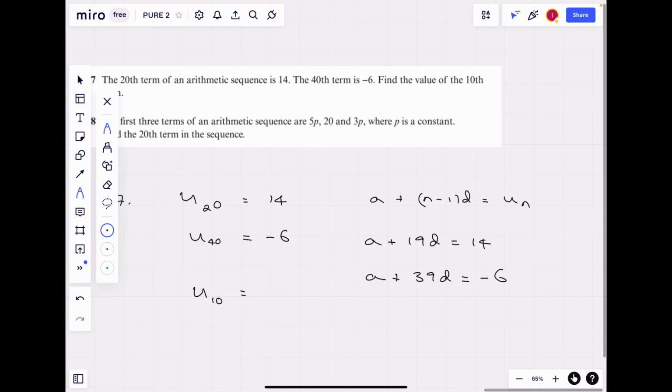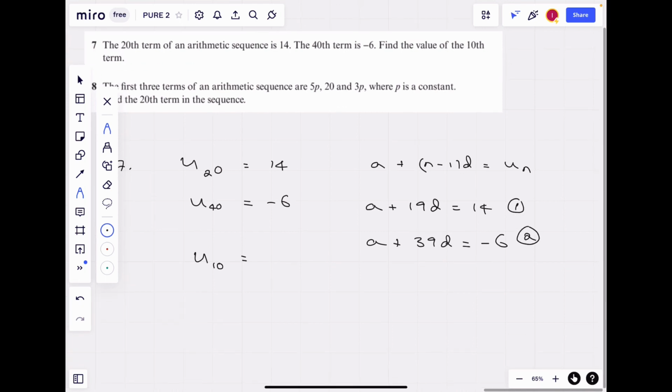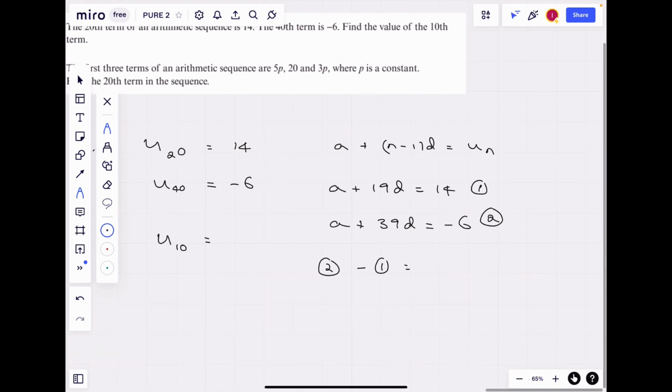And now we've got a simultaneous equation. If we minus 1 from 2, we get 20d equals minus 20. So d equals minus 1.